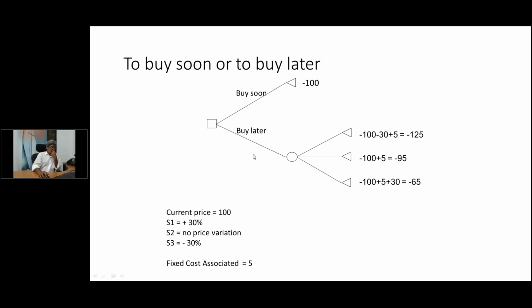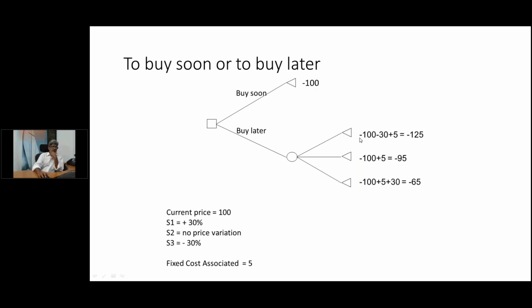So this decision tree will give you an idea of what will happen if you opt for a particular decision, and what will happen if there is a probability associated with the change in the prices, so that you can make an appropriate decision based on this visual representation. We have three different options. Minus means that you are paying it out.